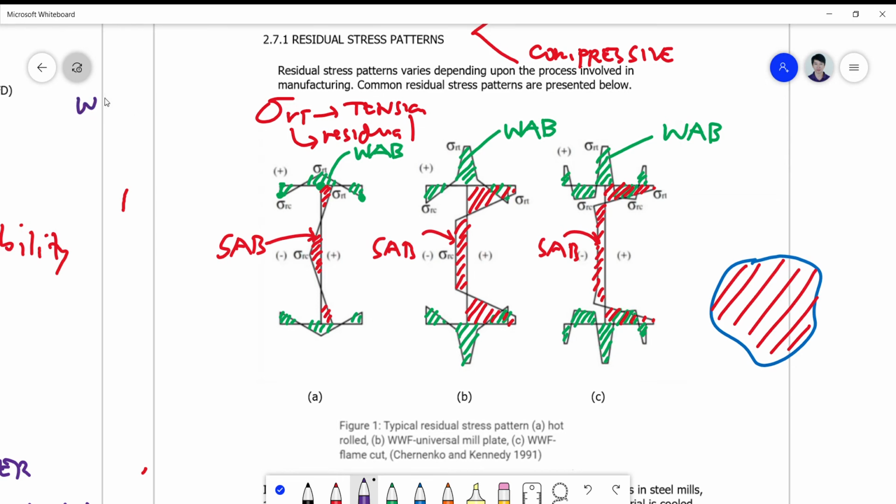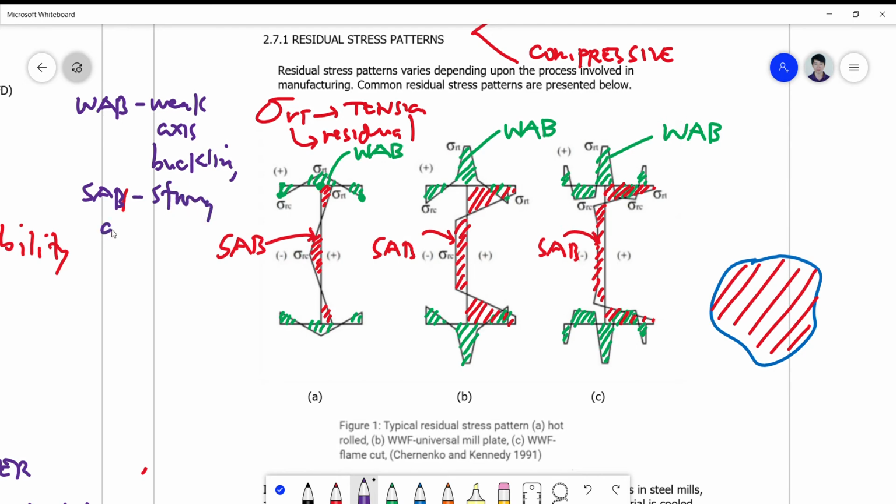So what I mean by WAB, this is the weak axis buckling, and the SAB is the strong axis buckling.